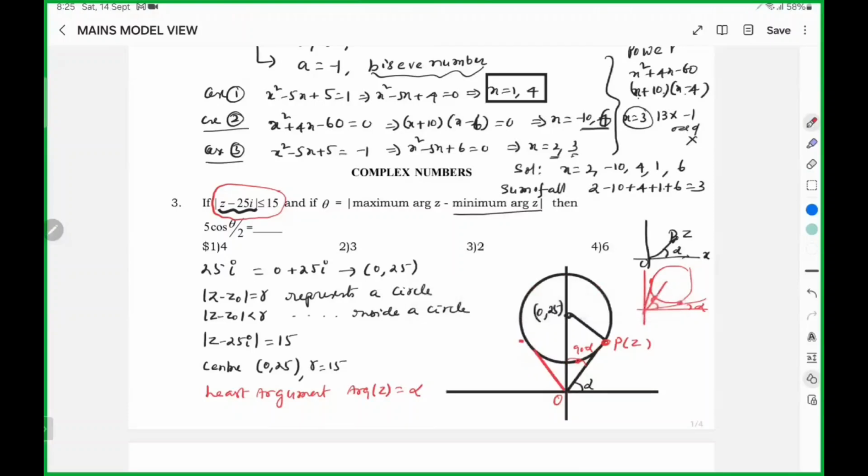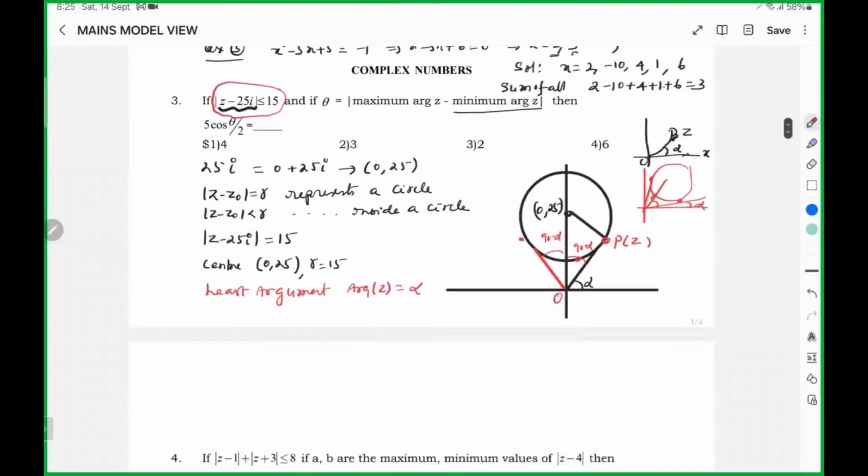Right. So this one is also 90 minus alpha. So maximum of argument of z will be, here it is alpha plus 90 minus alpha plus 90 minus alpha, which is 180 minus alpha.